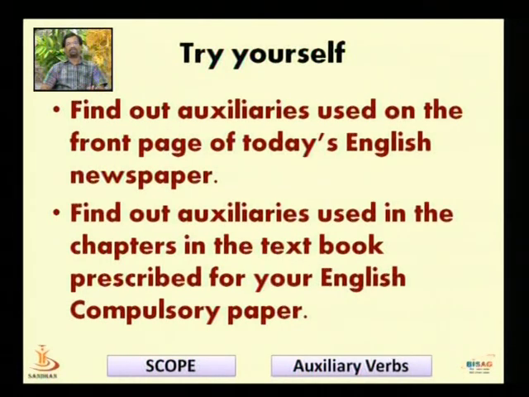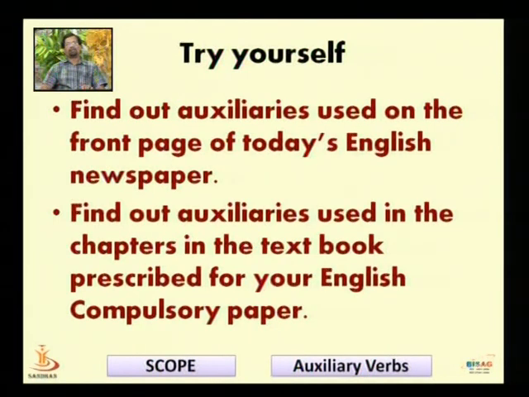In every chapter you will find auxiliaries occurring on a number of occasions. So you can pick up any chapter, open your book, go to any page, have your pencil in your hands, and start reading.